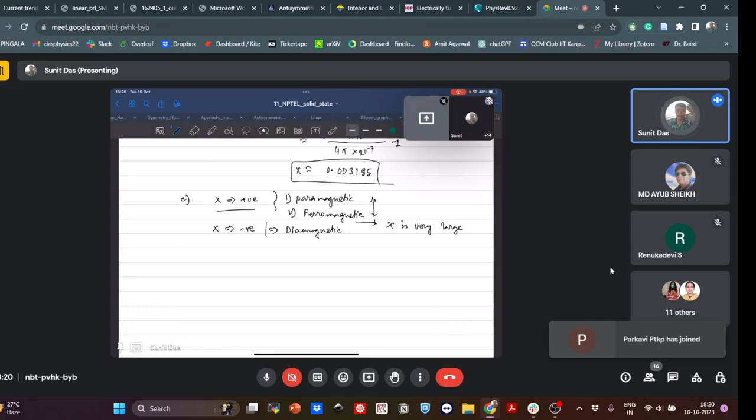Chi, the susceptibility, represents how susceptible the material is to magnetization when we apply a magnetic field. As ferromagnetics are more susceptible to magnetization in presence of a magnetic field, chi is large, and paramagnetics are pretty low in susceptibility, but still positive.